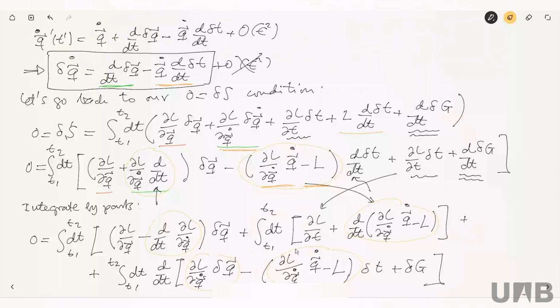Okay, who else is lost? Has a question or wants to comment on something? I have one question. Yeah. I think on the second integral in the last equation, this, yeah, it should also be delta t at the end, I think. Absolutely.